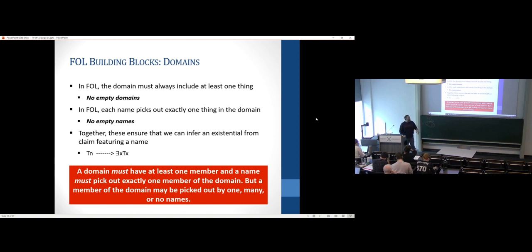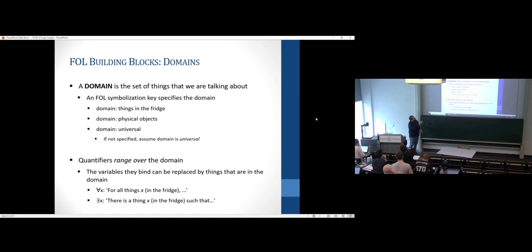Okay. Yes, sorry. What is the domain in this sentence? It can be anything you want. It's just a collection of things you're talking about. So if I wanted to talk about the people registered for the logic class, that could be my domain. Or I could talk about all of the students in Tilburg University.